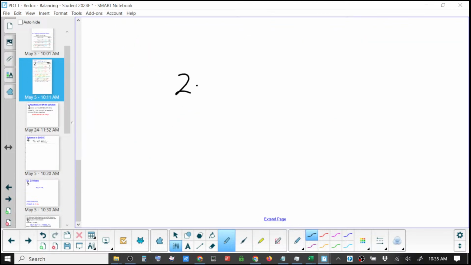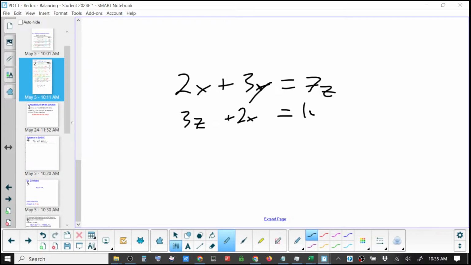So like if I have 2x plus 3x equals 7z, and I have 3z plus 2x is equal to 1y. When you add those, you've done this before, you go, oh, 3z and 7z, that's going to be 4z.